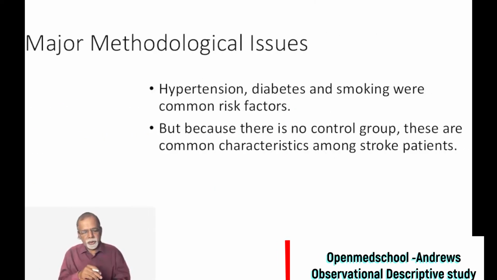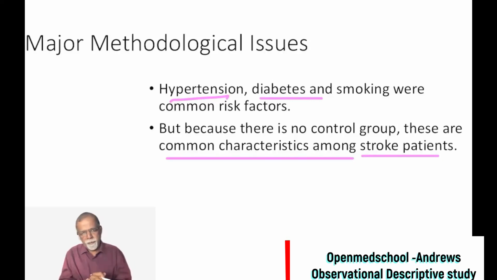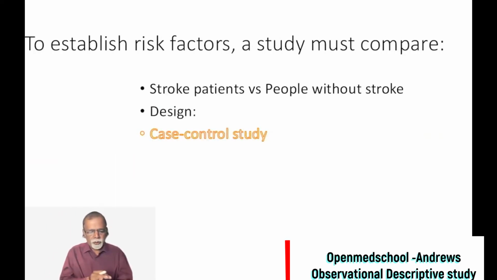The major flaw in the methodology is that there is no control group. So you can say that hypertension, diabetes, and smoking were common characteristics among stroke patients. But being traditional risk factors, you cannot establish them as risk factors here. To establish a risk factor, the study must compare.